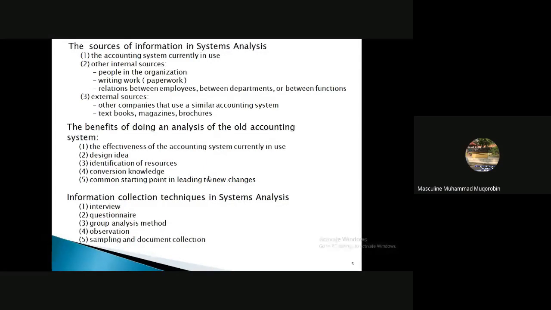The sources of information in system analysis are 1. The accounting system currently in use. 2. Other internal sources, including people in the organization, written work, paperwork, relations between employees, between departments, or between functions. 3.